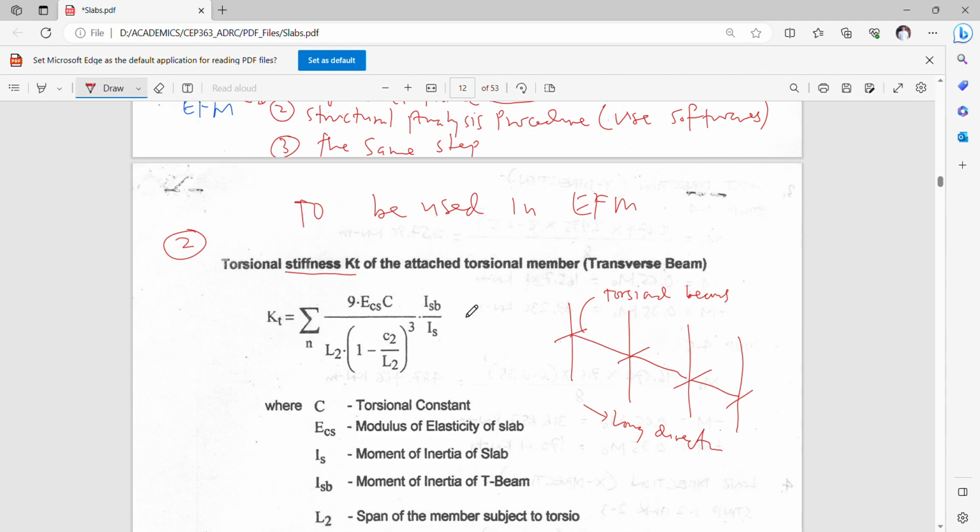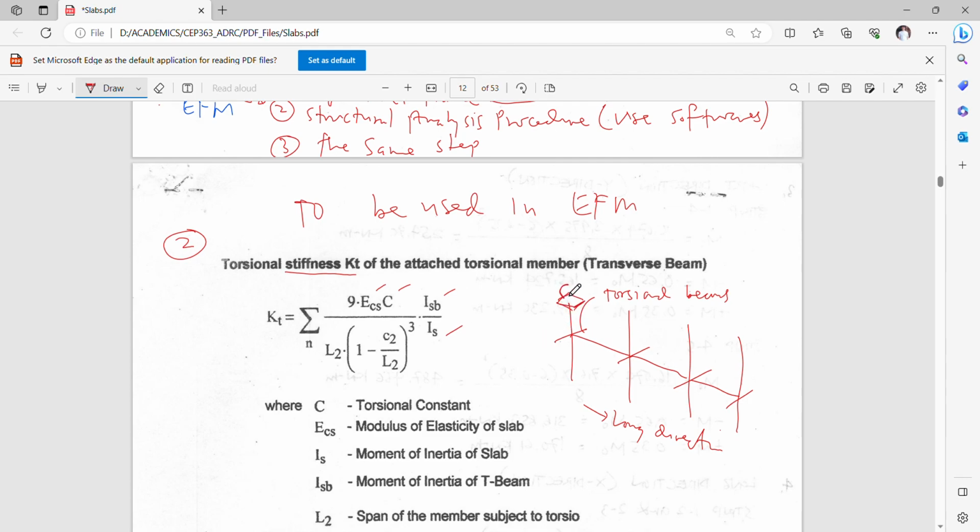Okay, now for torsional beams, the stiffness formula is given by this, and take a look at the parameters. ECS is not new to us, C is not new, ISB is in the beam part, the moment of inertia of the slab beam part, IS is the remaining slab of the column strip. Now C2 is the dimension along the transverse direction.